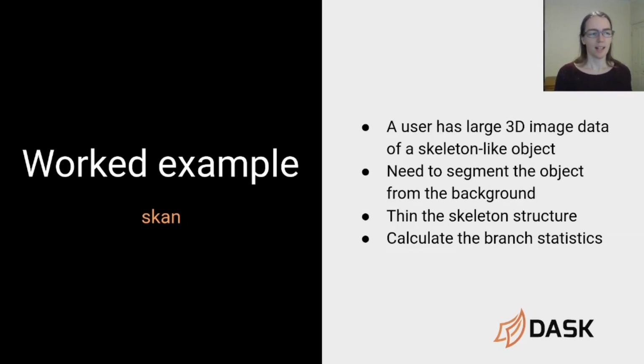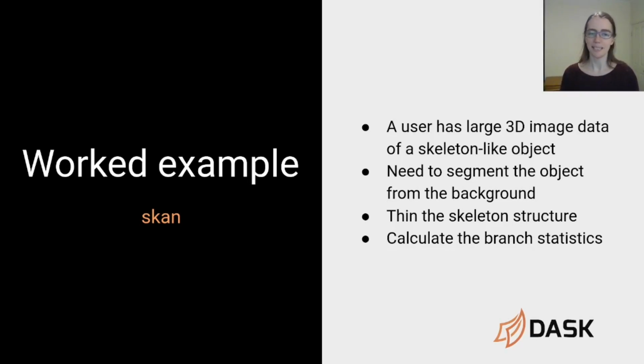So this is the basic workflow that we're trying to optimize. We've thought about our 80-20 rule and come up with a good user story, and this is the end-to-end process that we're expecting a typical user will take. So with our example, a user has a large 3D set of image data, and inside it is a skeleton-like object.